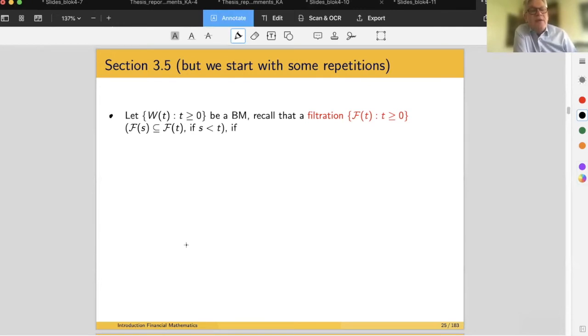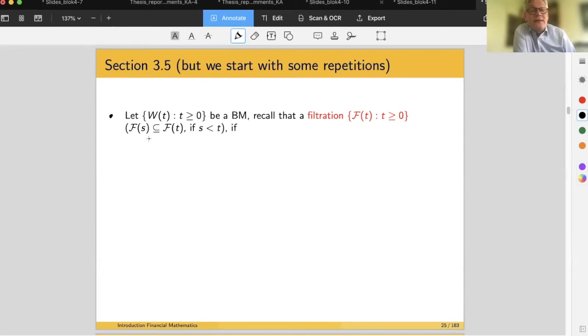So again, remember, let W(t) be a Brownian motion, t greater or equal to 0. Now recall from last lesson that the filtration F(t), t greater or equal to 0, is a filtration because we know that if s is less than t, then F(s) is contained in F(t).